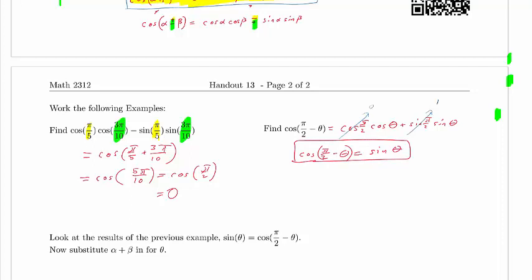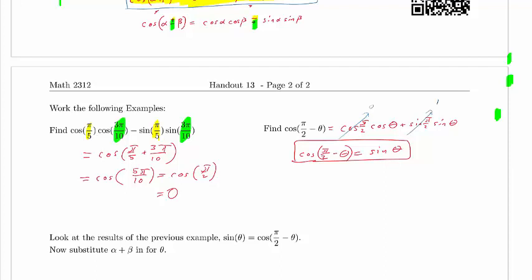We note that sine theta is simply a shift and a horizontal flip of the cosine function, right? Something that we've kind of already been noticing. The similarities between the graphs of cosine and sine only differ by a shift and a flip.